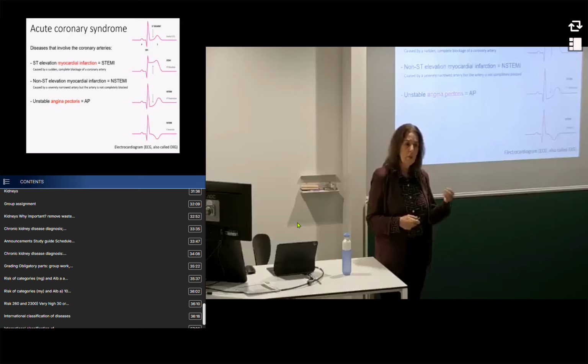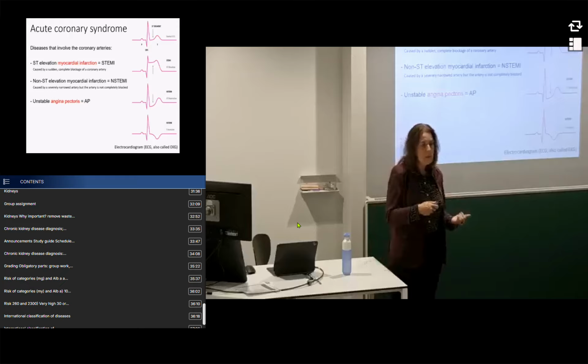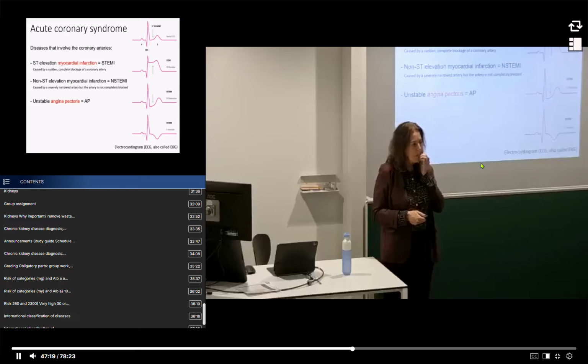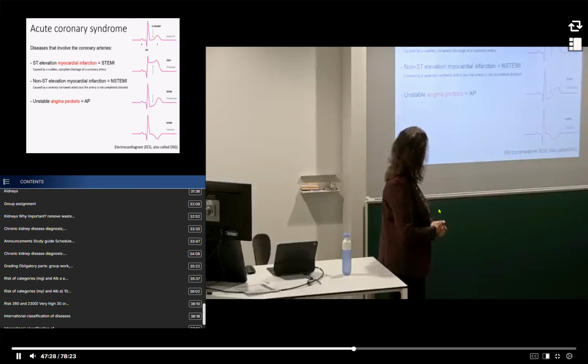And nowadays, often this is diagnosed in an earlier phase, and the actual myocardial infarction is often prevented, because then it's already a diagnosed unstable AP and people get treatment. Yes. So it's called in Dutch dotteren, placing a stent, opening the arteries and making the blood flow again to the heart tissue.